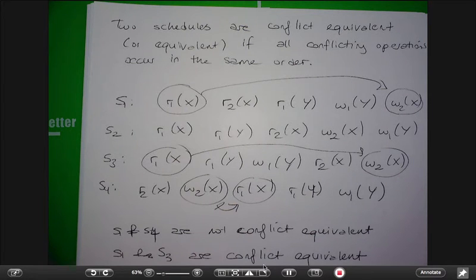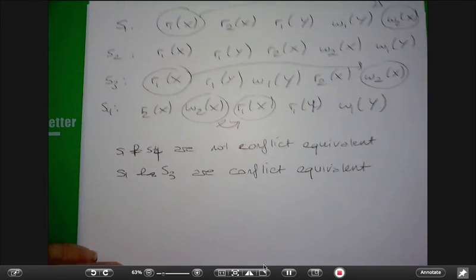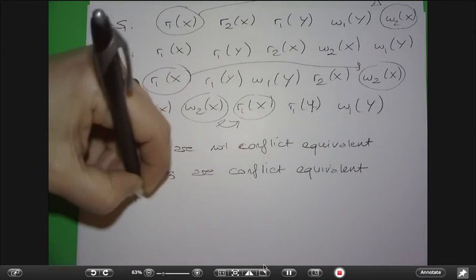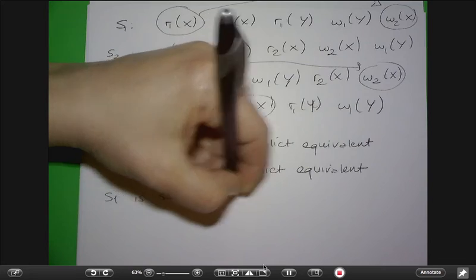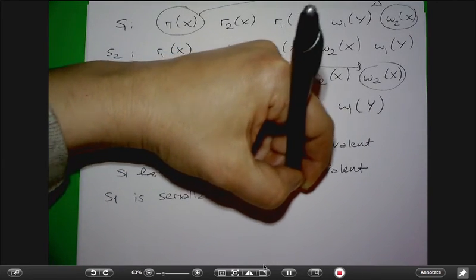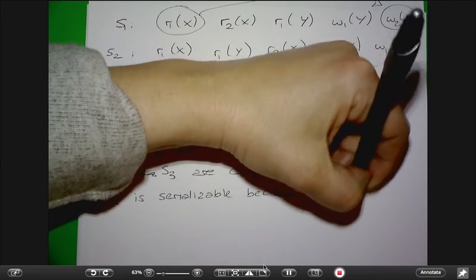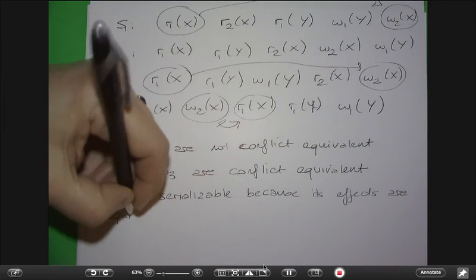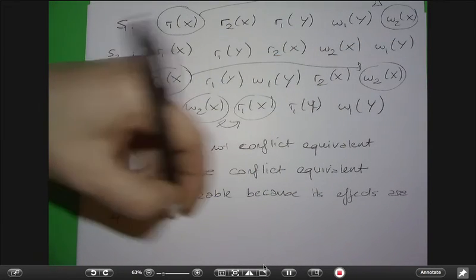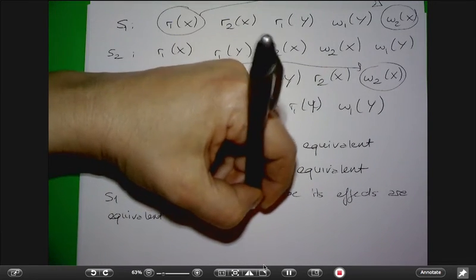And since S3 is actually a serial order, S1 is actually serializable because its result is equal to a serial order. So S1 is serializable because its effects are equivalent to a serial schedule.